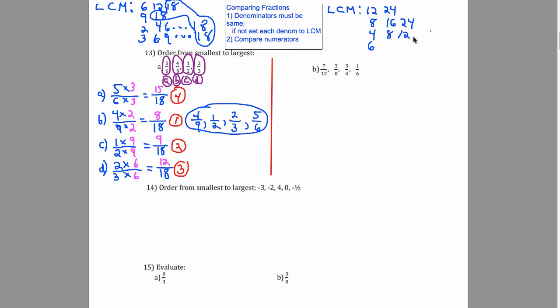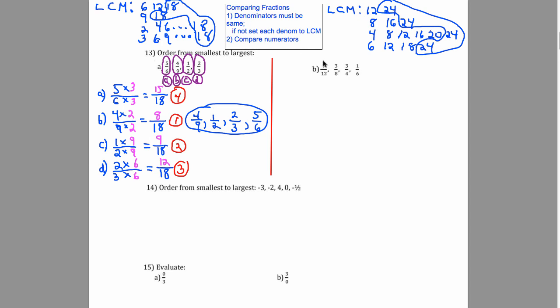I see each time I'm adding 4: 16, 20, 24. And 6 will work as well. 2 multiples of 6 are 12. Another 6 is 18. And finally, 24 once again. So we see the least common multiple is 24.